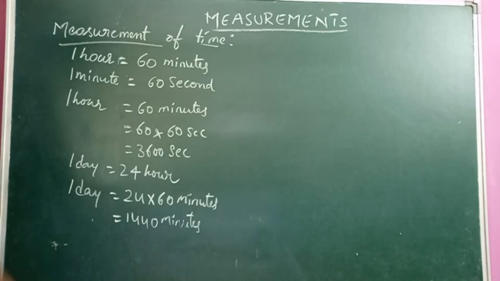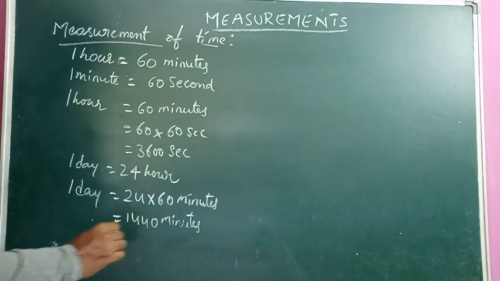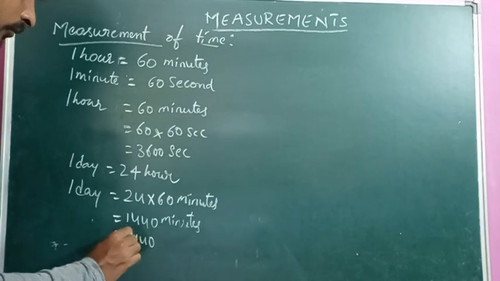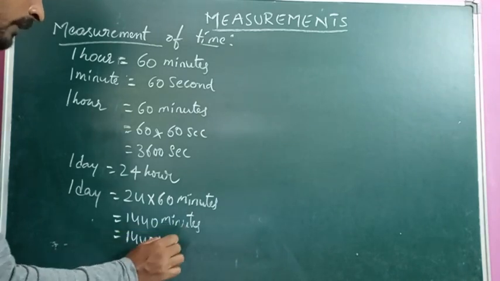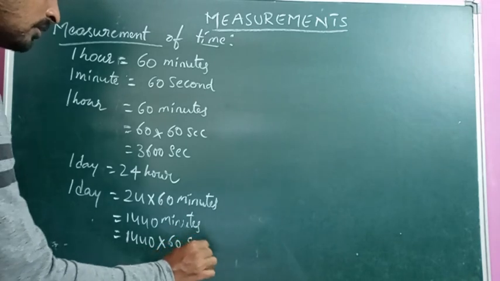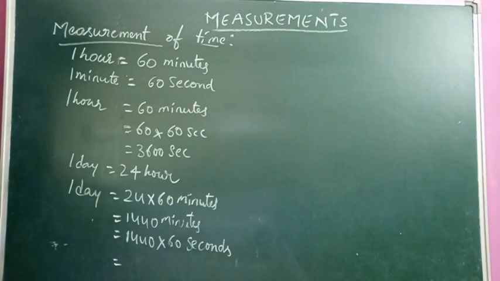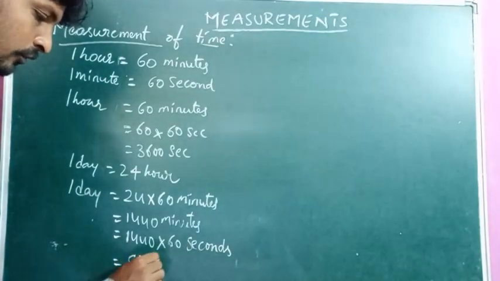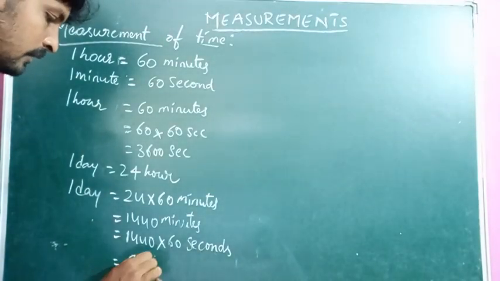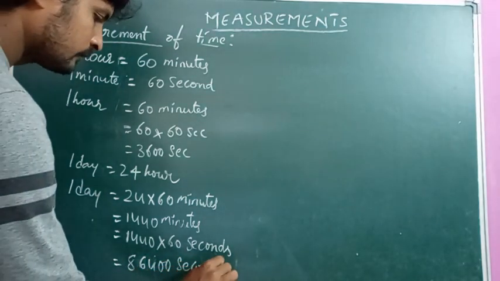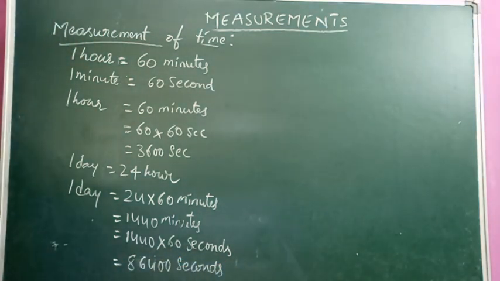So how many seconds? 1440 into 60, since 1 minute is equal to 60 seconds. So 1 day is equal to 86400 seconds. These are for 1 day.